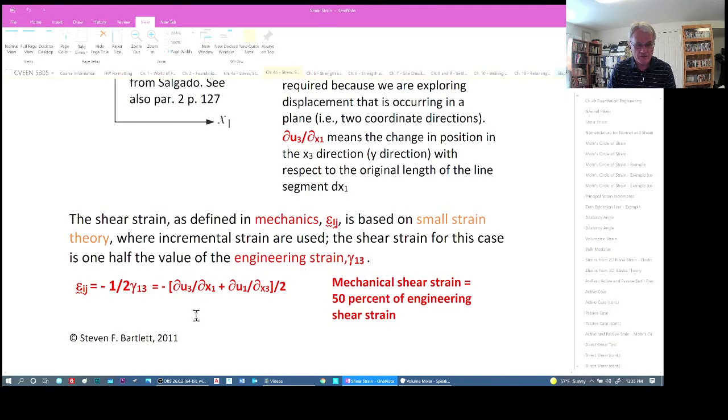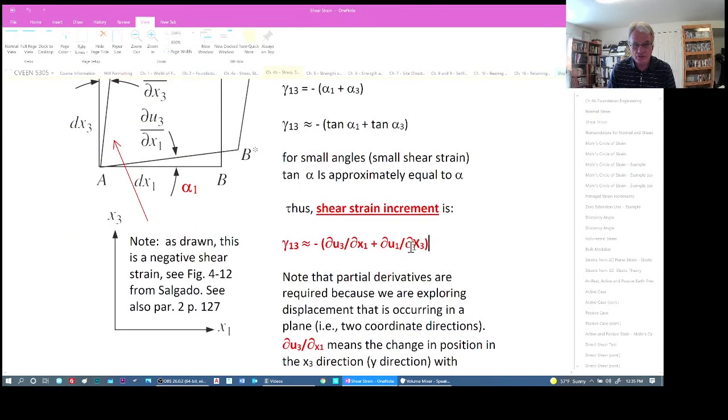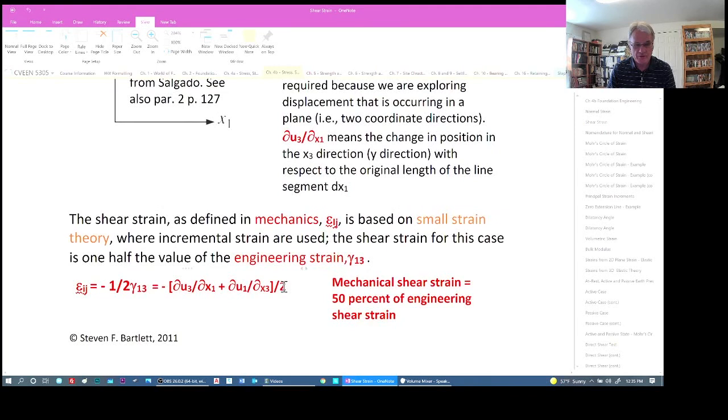And it is essentially this equation here that we see divided by 2. So just keep that in mind if we're talking about small strain theory, and the mechanical shear strain is 50% of the engineering shear strain.